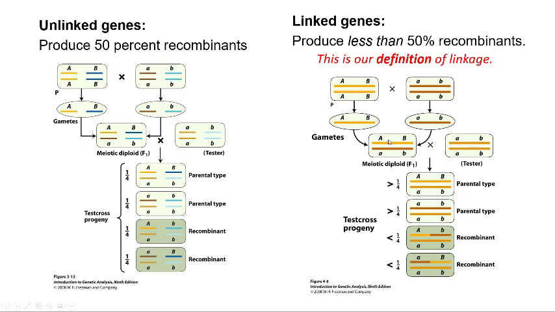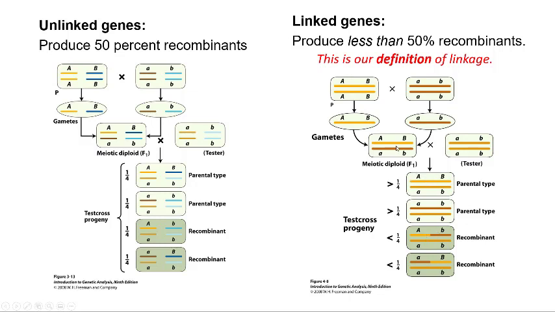So here we have the A and the B genes together on a chromosome. Here's a dihybrid individual in the F1 generation crossed to a tester. And here we have parental type progeny. For these ones, we know that the alleles that are together on a chromosome are more likely to occur than the recombinant type alleles.